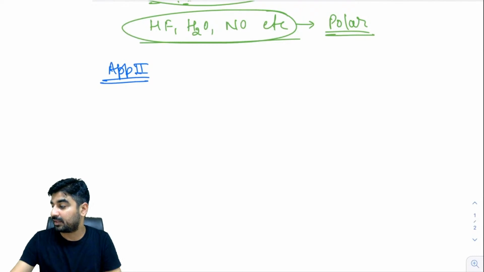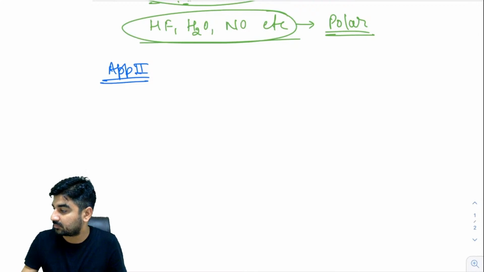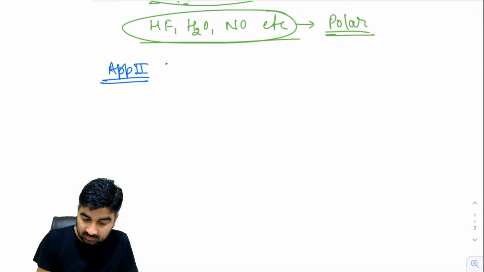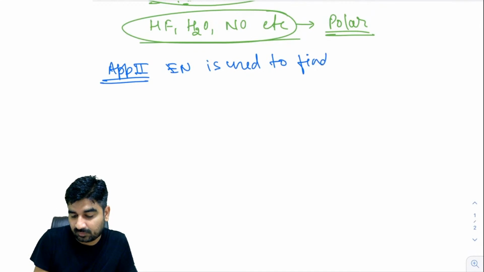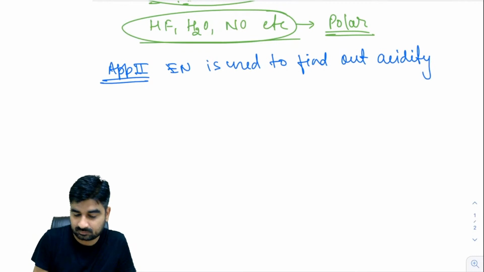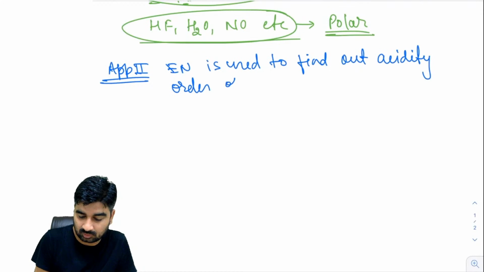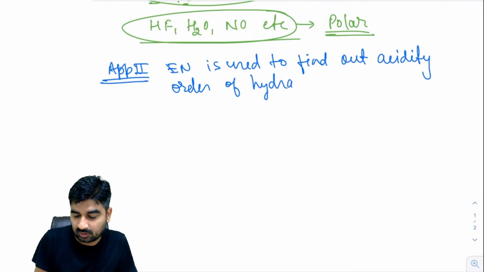So now application 2, just note it down. Electronegativity is used to find out the acidity order of hydracids.